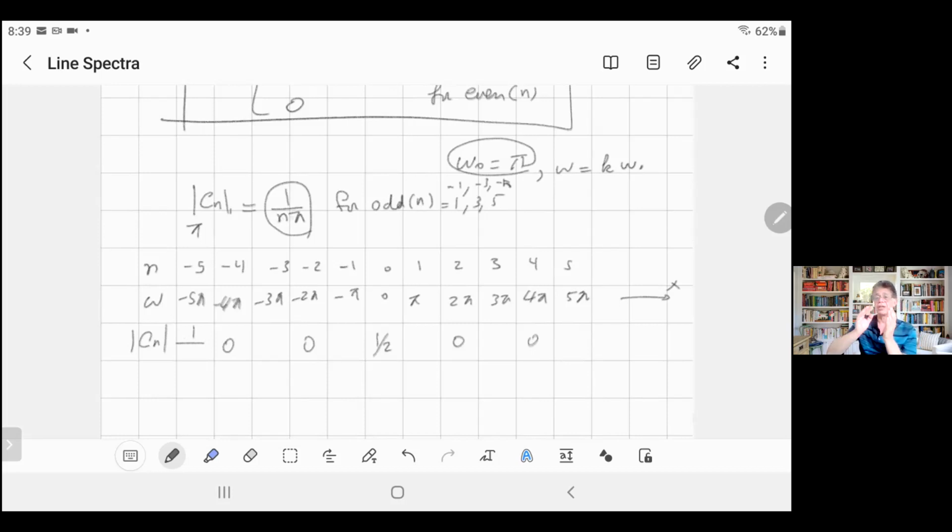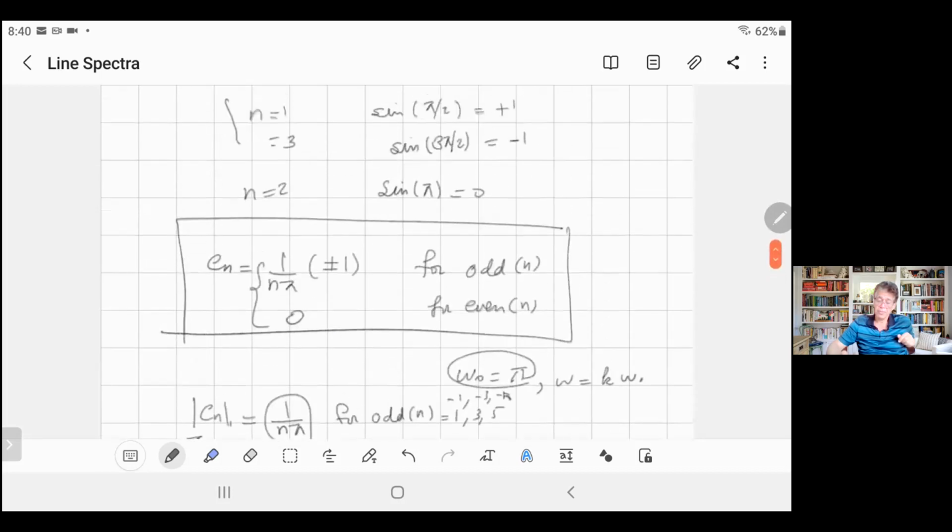You say minus 5, but we agree that we are taking only the absolute value for that one. 5 pi. This one, 3 pi. Pi. 1 over 3 pi. 1 over 5 pi. So that's what we got. Do not mess up and put a negative sign here, because you know we took the absolute value for Ck and we are taking only the magnitude.